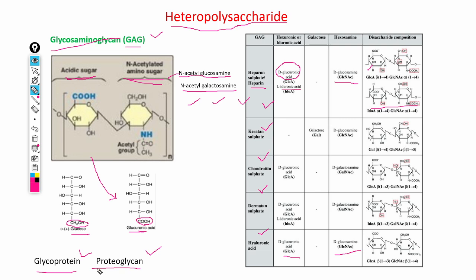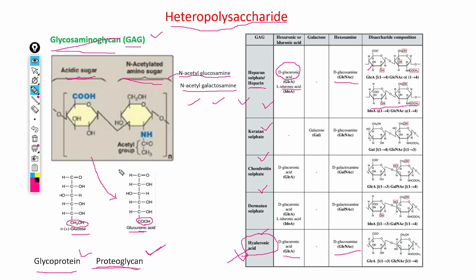The proteoglycan is called only when the carbohydrate is a glycosaminoglycan. For example, if heparin binds to protein, then only it is called a proteoglycan. But there is an exception, that is hyaluronic acid. Hyaluronic acid never joins to protein. So all the glycosaminoglycans can bind to protein to form proteoglycans, except hyaluronic acid.